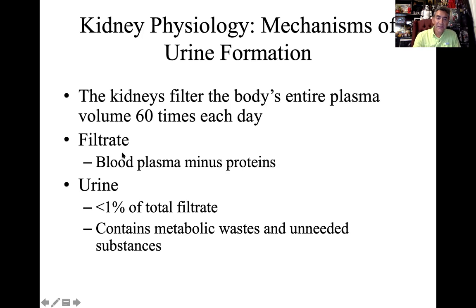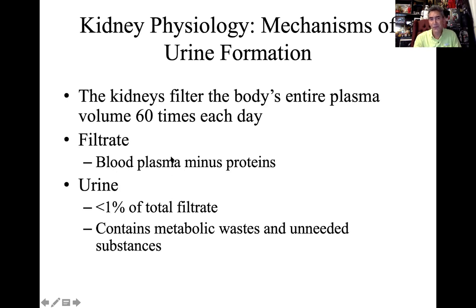Filtrate is blood plasma minus proteins. So the glomerular capillaries are basically able to leak out plasma, but they're not able to leak out proteins. They're not able to leak out antibodies or other proteins, albumin, that kind of stuff. So the urine itself will be less than 1% of the total filtrate.